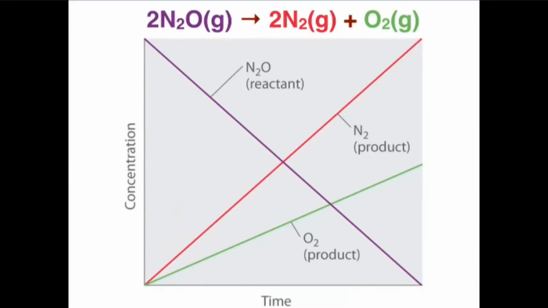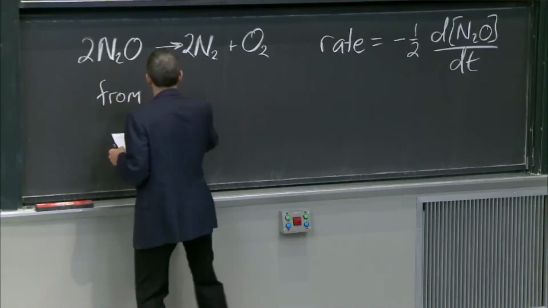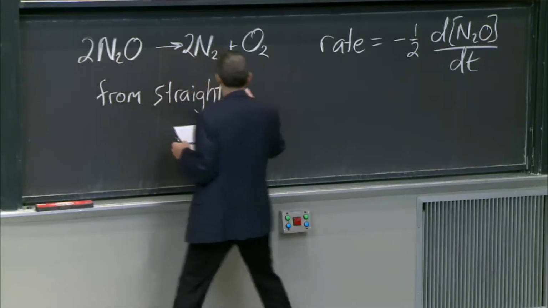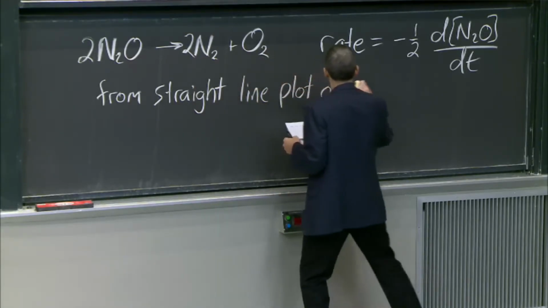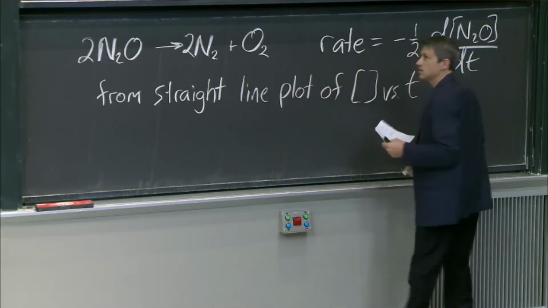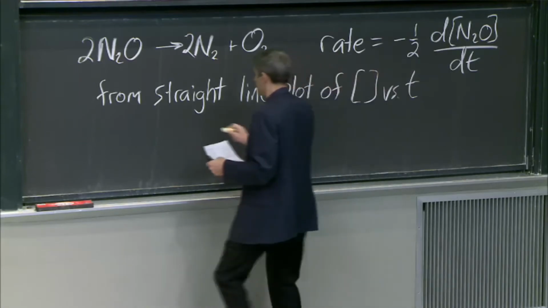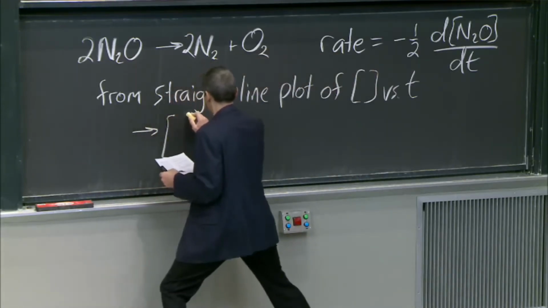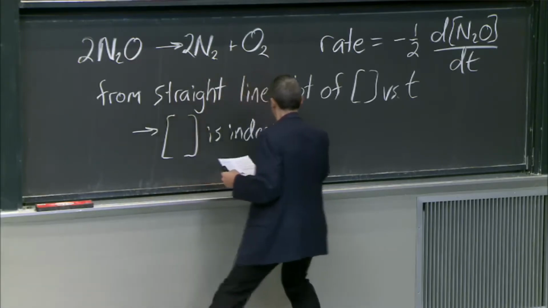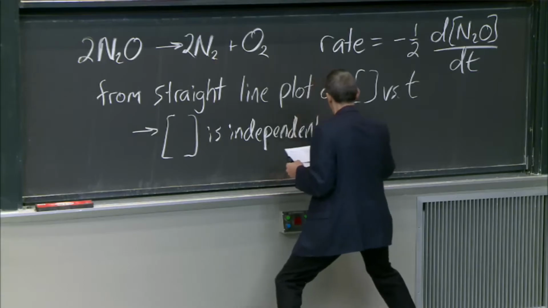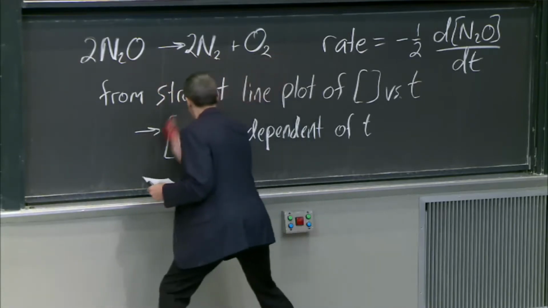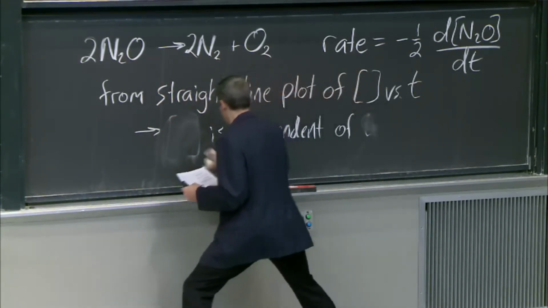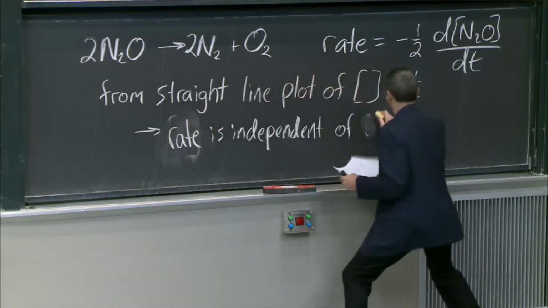So if that's true, and we'll talk about plots as we go, a straight line plot of concentration versus time, then we know that rate is independent of concentration.